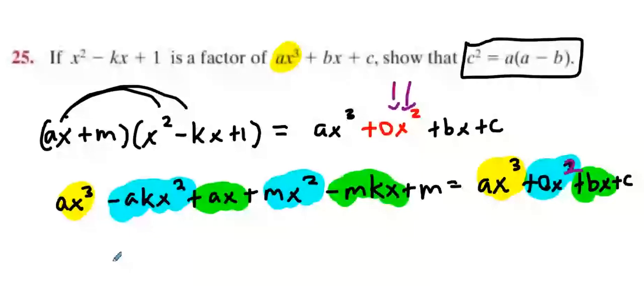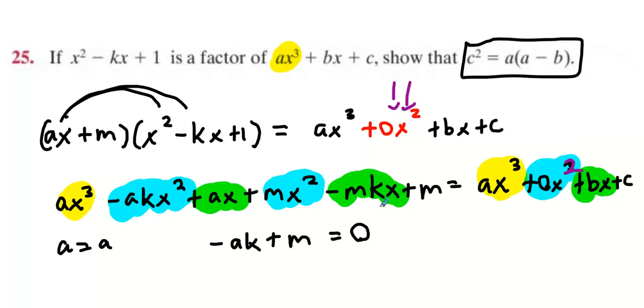Now lads, here's what we're gonna have. The only thing the yellow equation yields is that A equals A. I think we already knew that. That's what the yellow tells us, isn't it? AX cubed equals AX cubed. Nothing to be learned from that. Now the blue equation yields minus AK plus M equals 0.